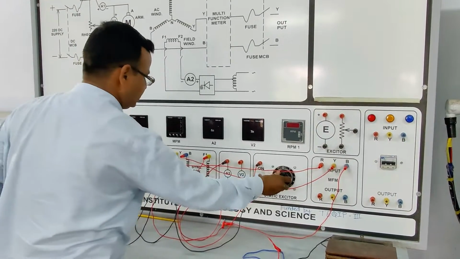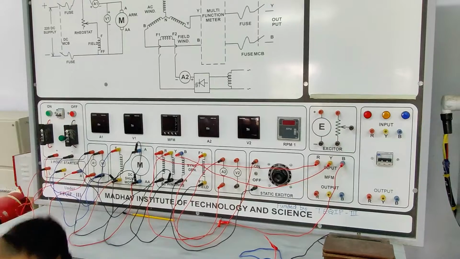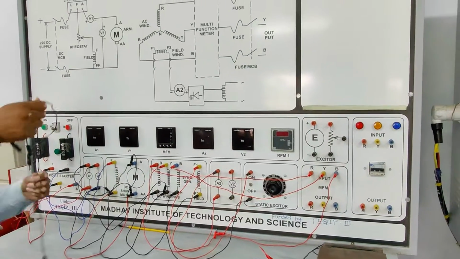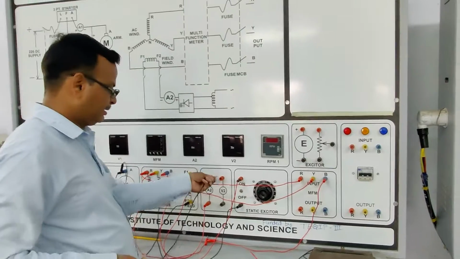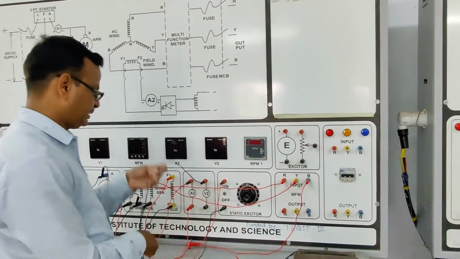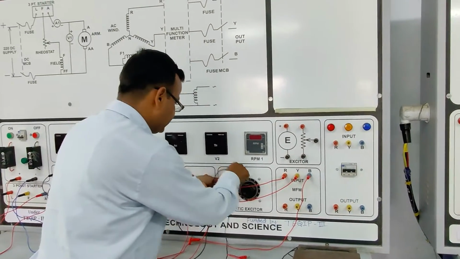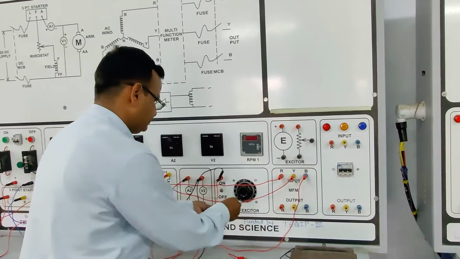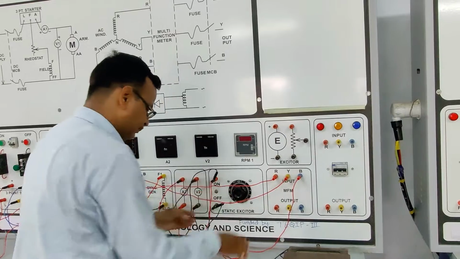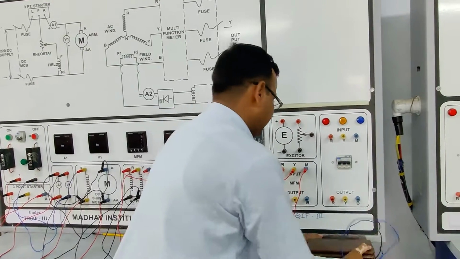So these are the connections for the exciter, and we connect a voltmeter in parallel for measuring the DC voltage. So this completes the circuit for the open circuit test.